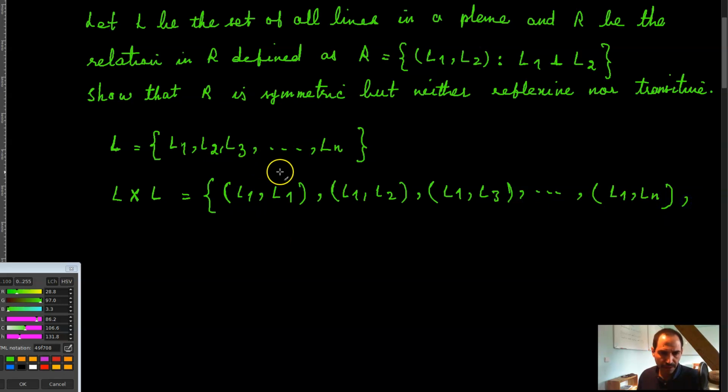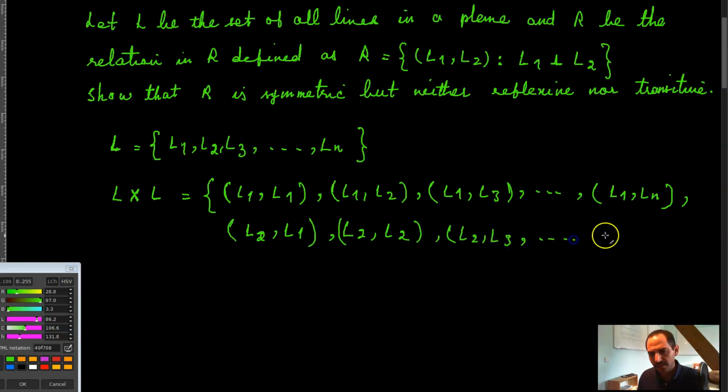Next, you will have, for example, (L of n, L of 2, L of 1), then (L2, L2), then (L2, L3), and all the way up to (L2, L of n).